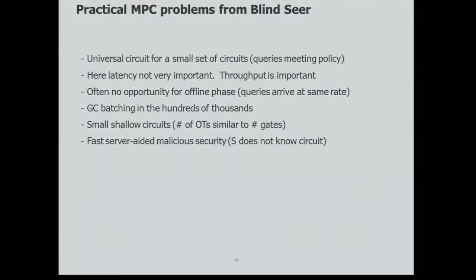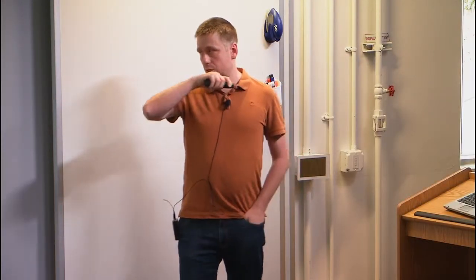If you look at our circuit, we're doing a lot of small circuit evaluations. And if you look at how we search, we have a search frontier. For a large circuit, the frontier can be very large, potentially hundreds of thousands, because we're dealing with hundreds of millions of records. So garbled circuit batching is an important issue here.